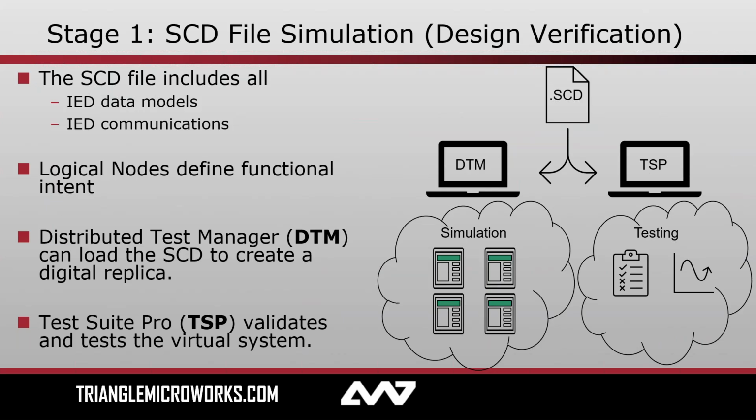Taking this SCD file and all of the data contained within it, including that data model, what we can infer from that data model, and the communications that are described in it, we can simulate our entire system in a tool such as DTM, which can input that SCD file and create a simulation of the entire system that acts as, I've tried to coin the term, digital cousin.